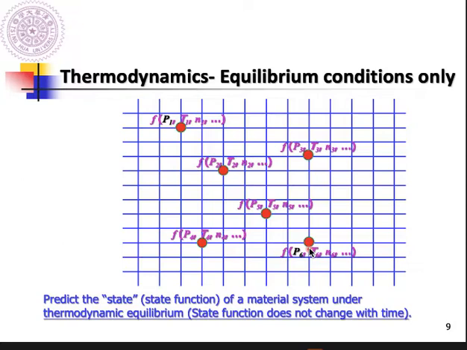And because these states are defined by thermodynamic equilibrium, that also tells you the state function doesn't change with time, because it is equilibrium, right? So the energy state function, or any state function, does not change with time. Under this assumption, we call it the equilibrium state. So the equilibrium state just tells you the state function does not change with time. These six state functions do not change with time.